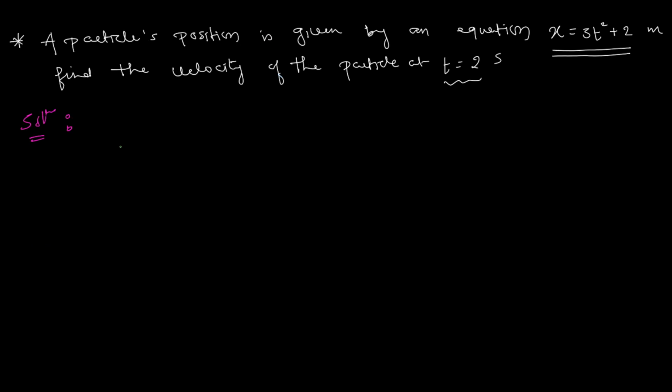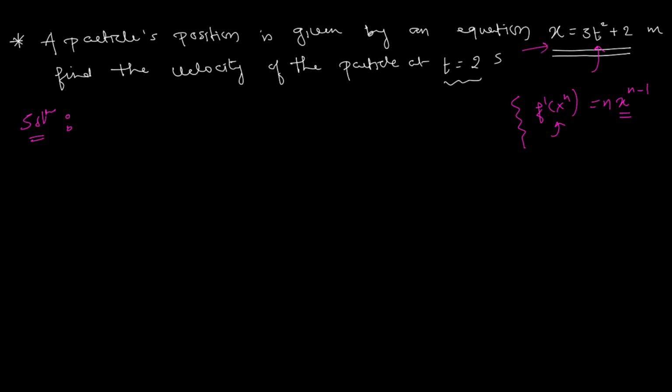So it goes, and you've already learned this little thing in the previous video, that the derivative of x to the n is n into x to the n minus 1. Here x was the independent variable and f of x was the dependent function. In this case, if you see carefully, it's the time which is the independent variable, and x becomes the dependent variable.